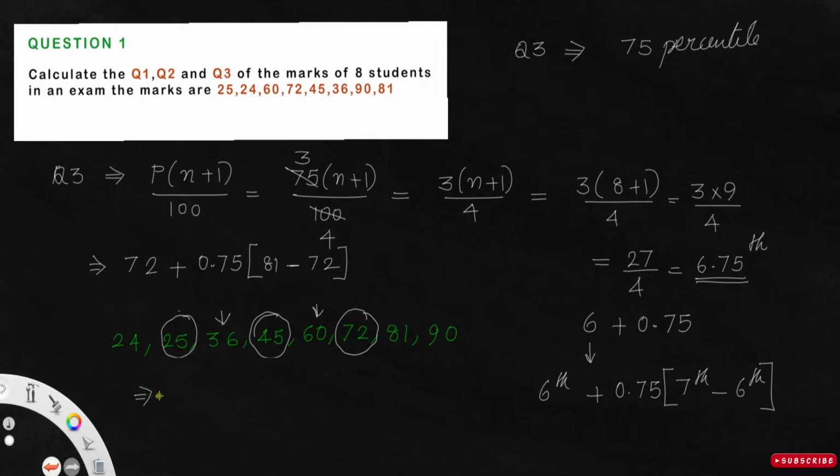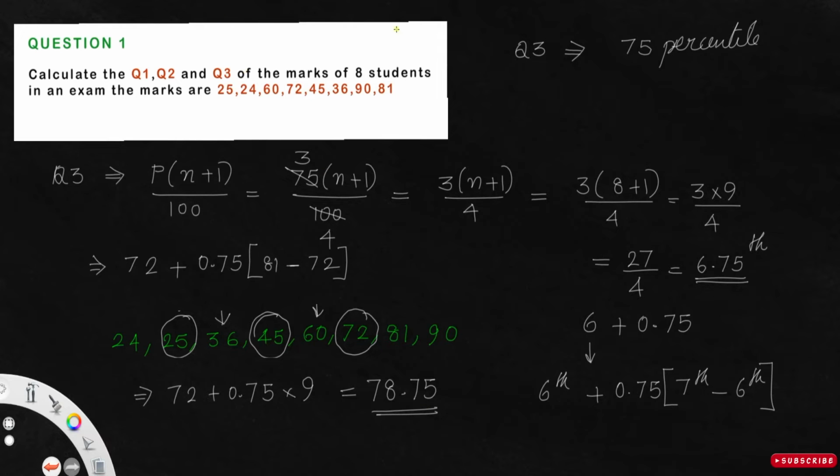So that will be 72 plus 0.75 into 9. If I use the calculator, 0.75 into 9 plus 72, and the answer is 78.75. So that's our quartile.